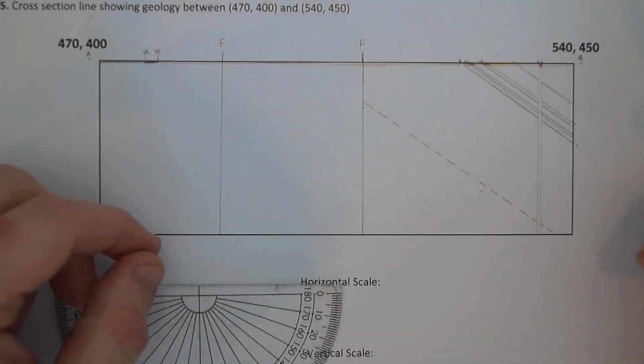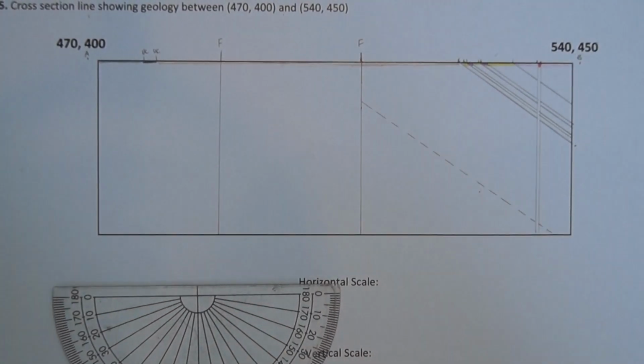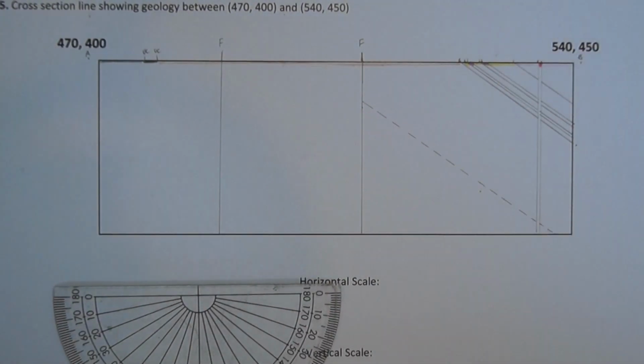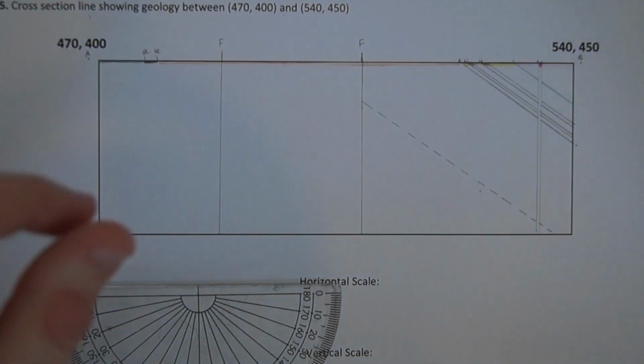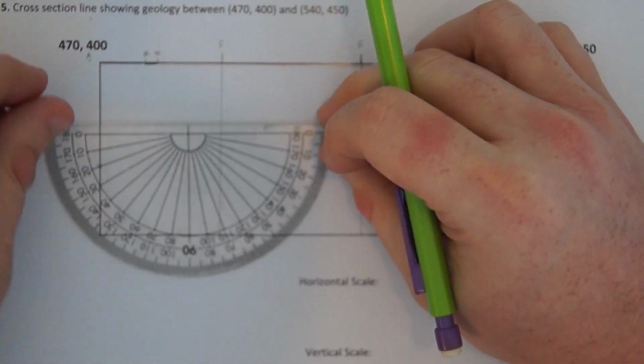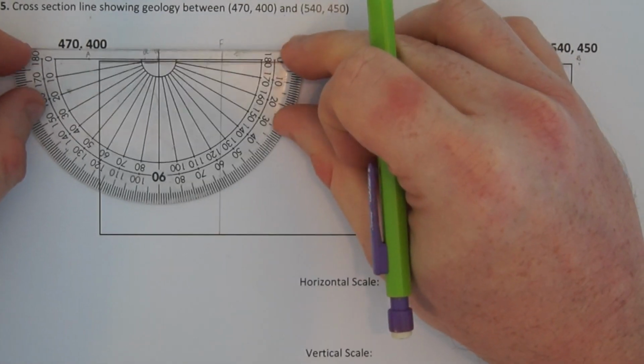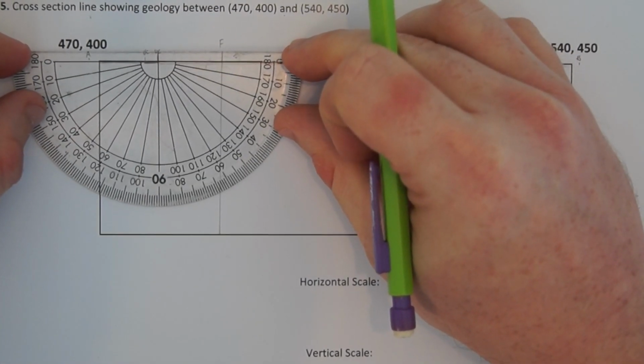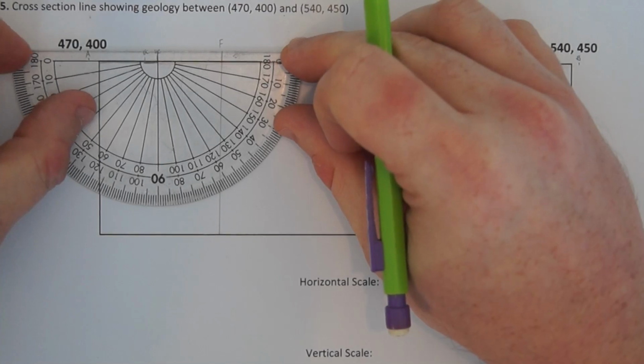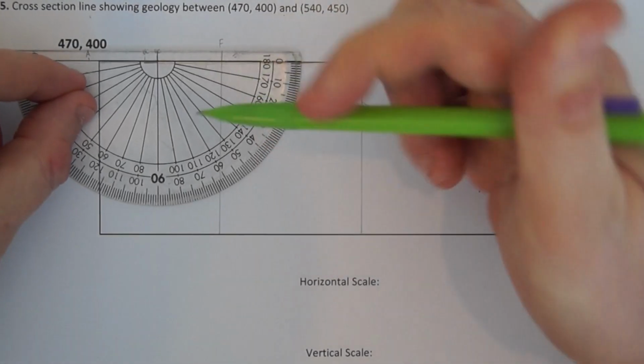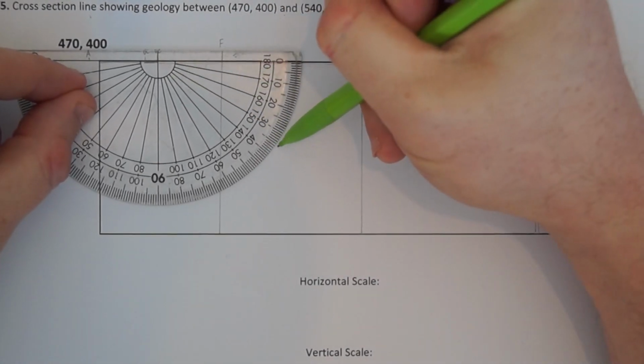And like I said from the start, we've been assuming that these rocks, or we've interpreted that these rocks are going to have a constant dip, which with our vertical exaggeration is 35 degrees. So I've got the base of the Penrith sandstone here and its contact with the coal measures.